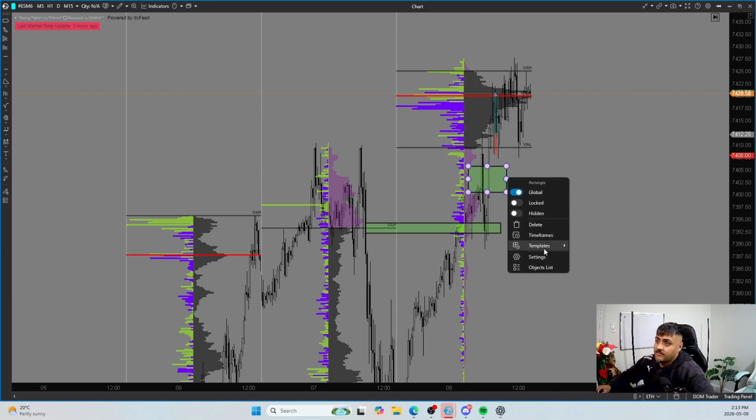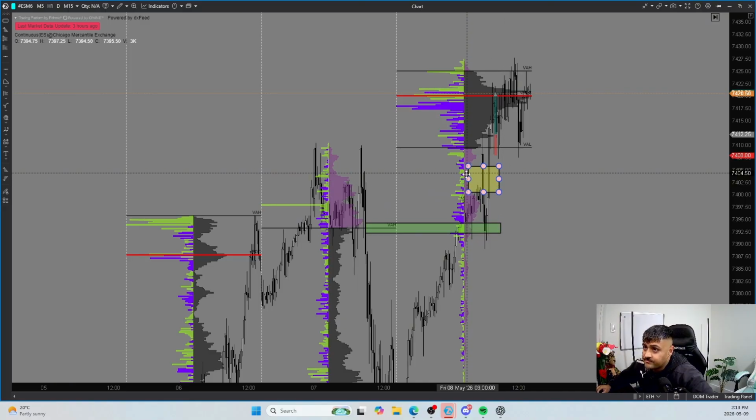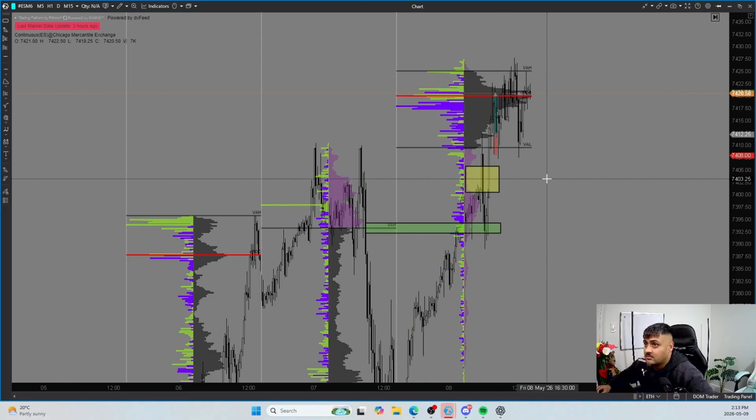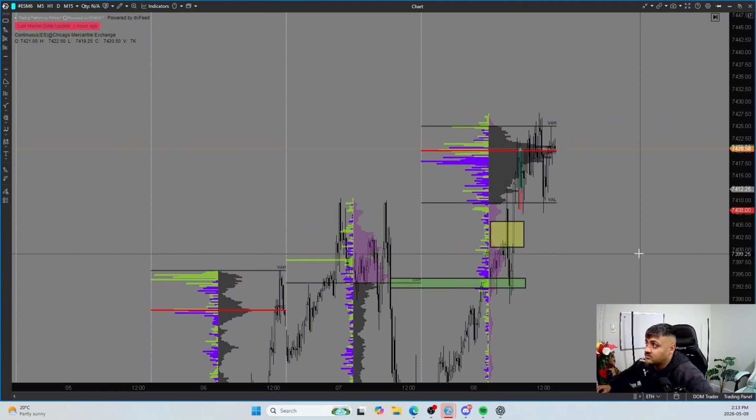Okay, we create this imbalance. I'm watching this area, low volume node. Sometimes price will not come there, and there's nothing that you and I can do. The only thing we can do is just react to what price is doing currently. So we get above, we start accepting higher prices.